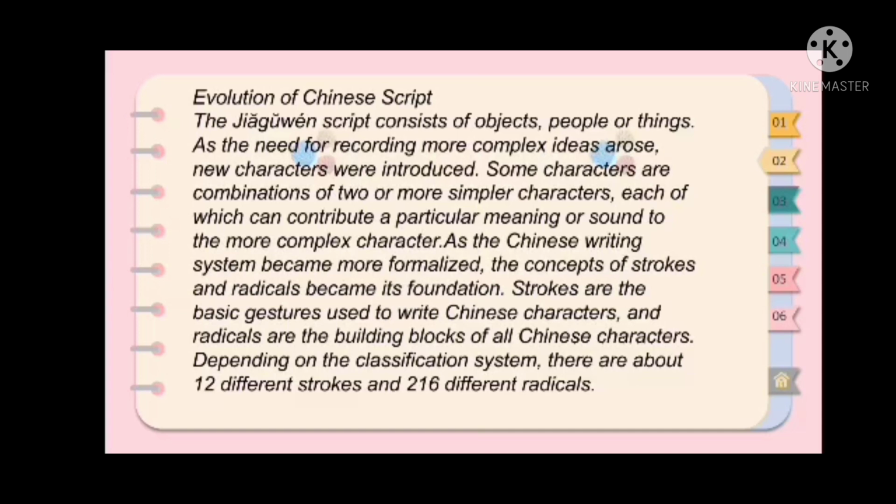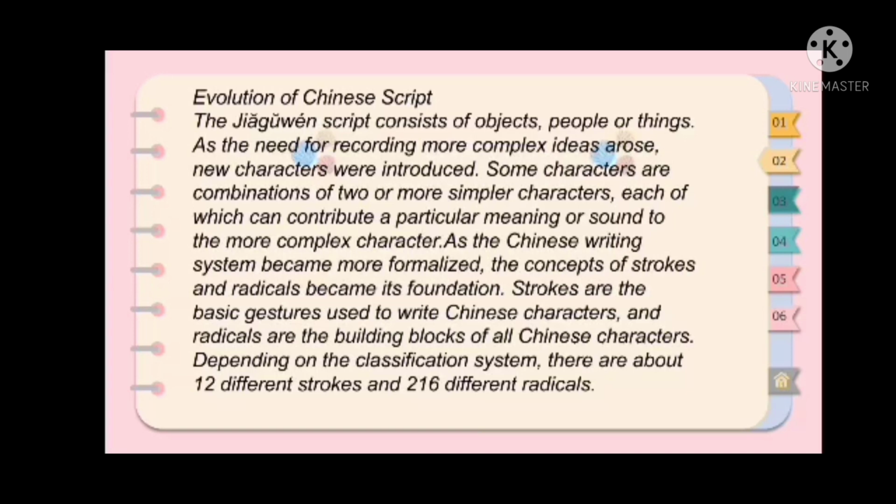As the Chinese writing system became more formalized, the concept of strokes and radicals became its foundation. Strokes are the basic gestures used to write Chinese characters, and radicals are the building blocks of all Chinese characters.